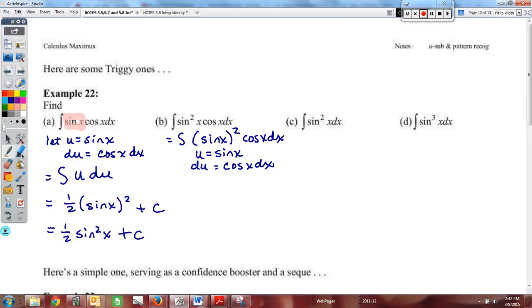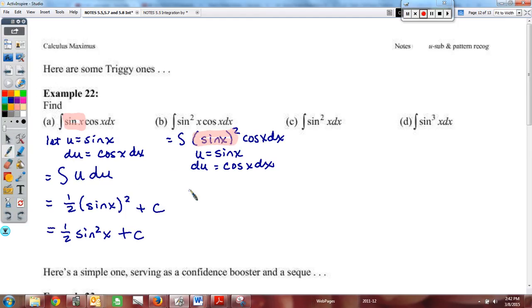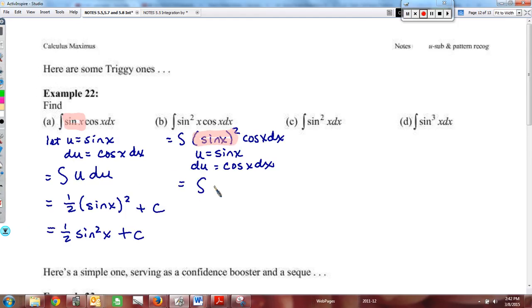So my box in this problem is the sine of x squared, or u squared, so that's what I'm integrating. So it's the integration of u squared du, which would be 1/3 u cubed plus c, or 1/3 sine cubed of x plus c. So those are fairly straightforward, what you were used to seeing in section 5.5.